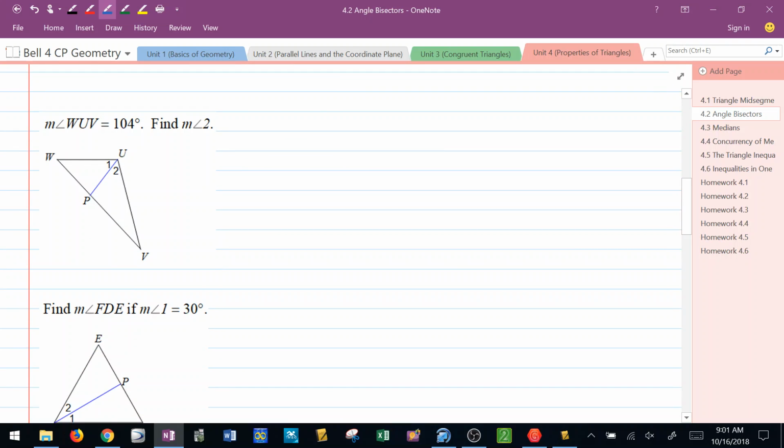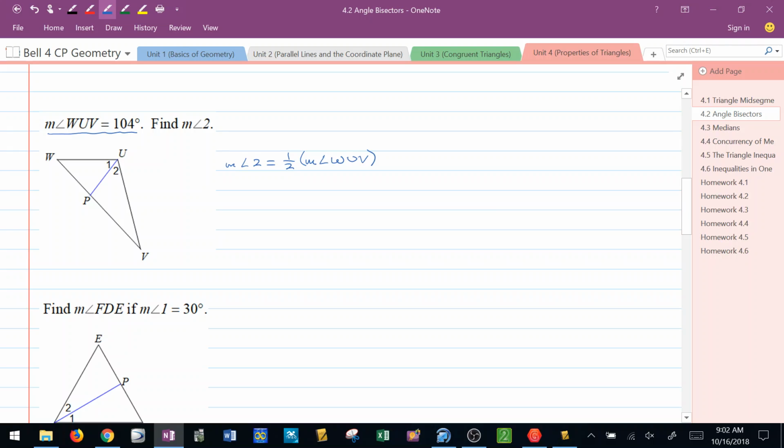Take a look at this second scenario. I see that UP is an angle bisector. That tells me that angle 1 and angle 2 are congruent. But they give me the big angle, WUV. Well, I know that the measure of angle 2 is half of the measure of angle WUV.